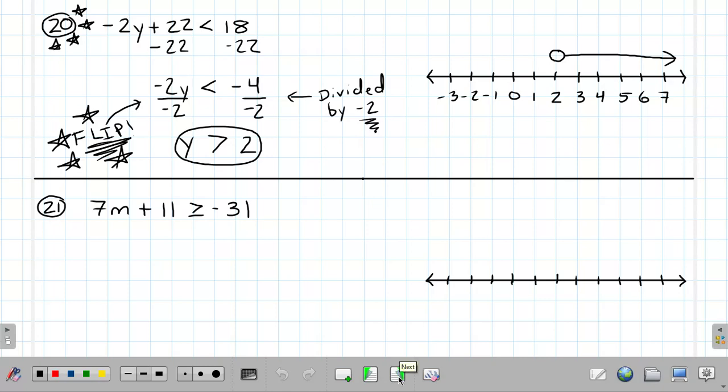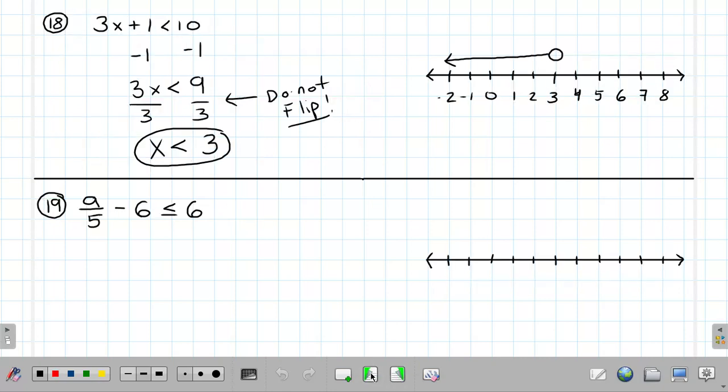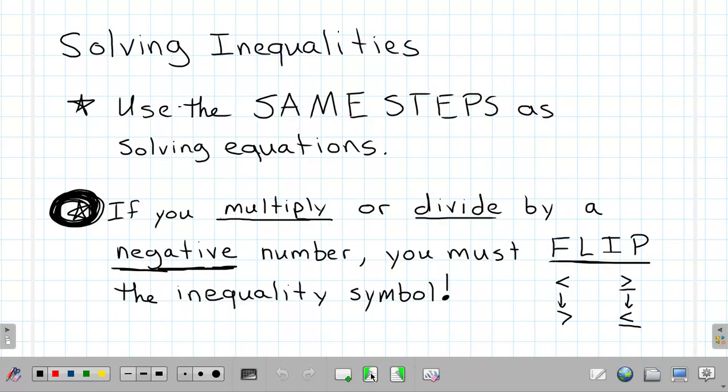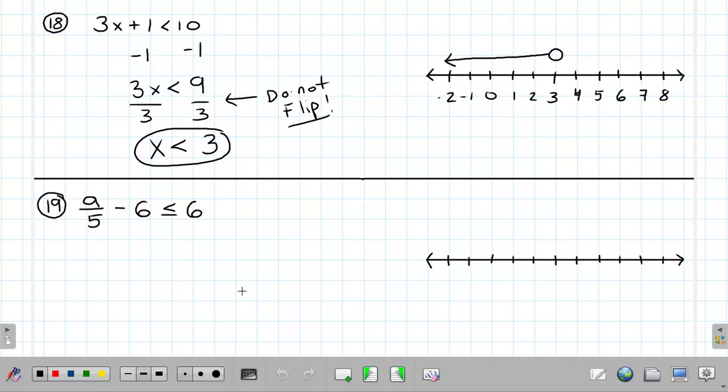Okay. So let's go ahead and go back to number 19. If we look at number 19, just look at it like it's a two-step equation. And like I did with the first one, you can even flip and switch this sign to be an equal sign if you need to, so that way you can clearly see what steps you need to do to solve this.